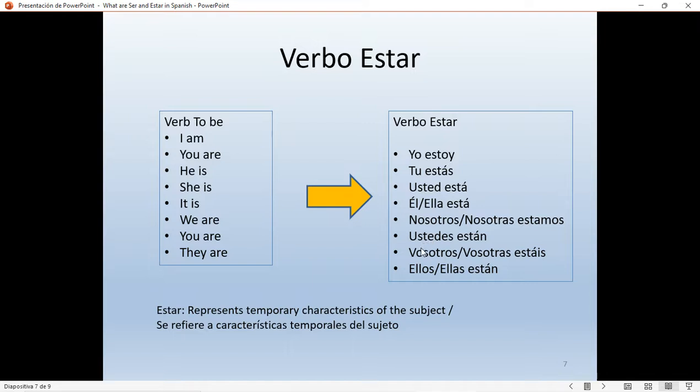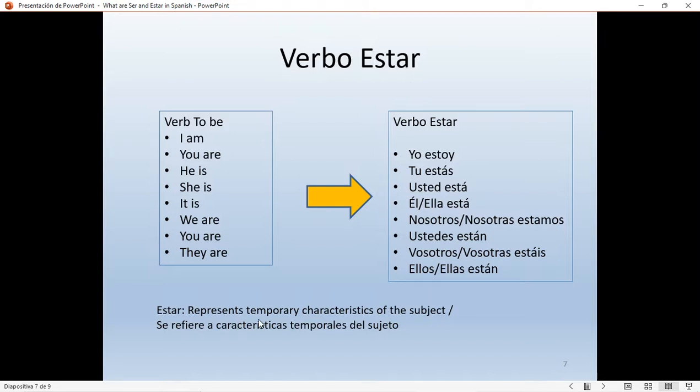Second person in the plural. Vosotros, vosotras estáis. Once again, it means you guys are. It is second person in the plural, but when the conversation is informal. Ellos, ellas están. They are. Third person in the plural.